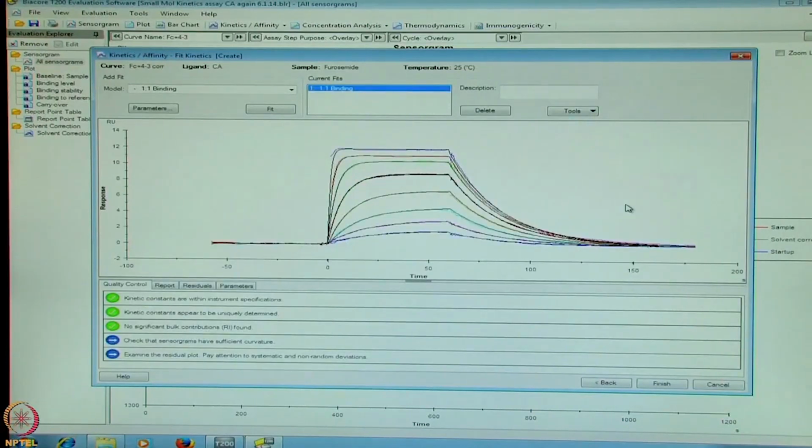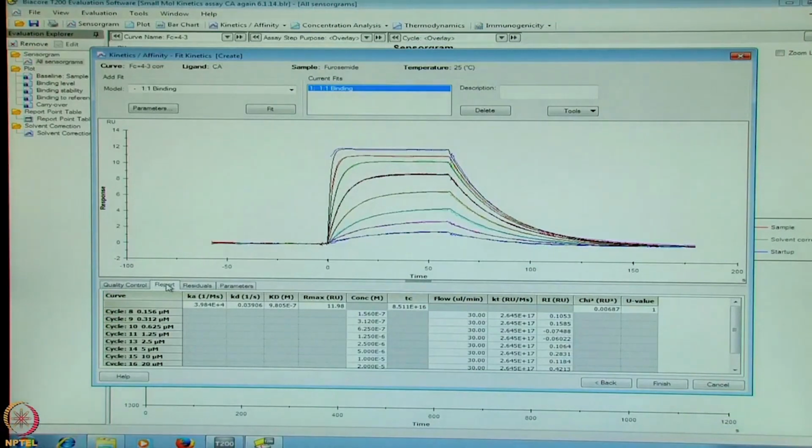So here on the quality control tab, you see all of them green and there is no significant bulk contribution found, and the data is uniquely determined, and the kinetic on and off rates are within the range of the machine.